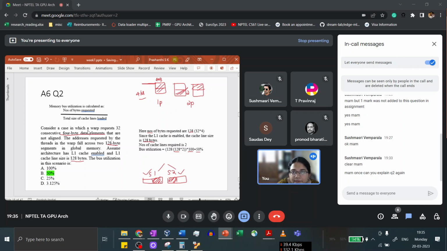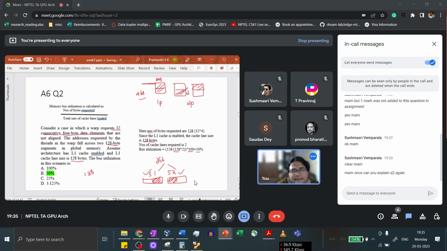So although in theory your warp is requesting only 32 into 4, 128 bytes of data, in practice, because of the way that data is organized in physical memory, you actually end up loading 256 bytes, right? You're loading double.